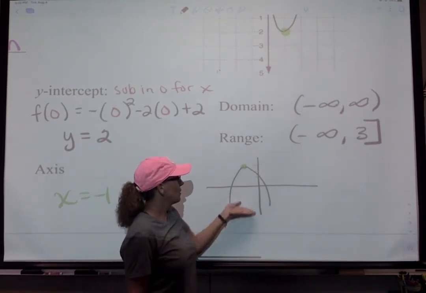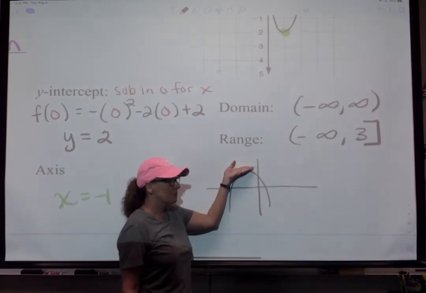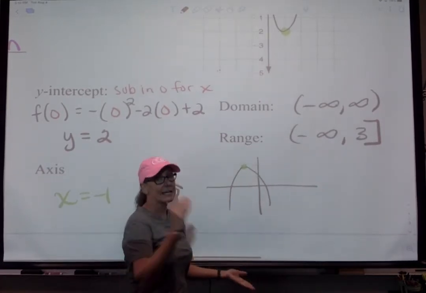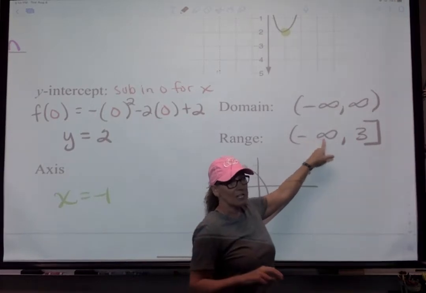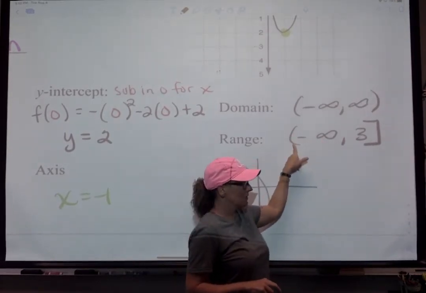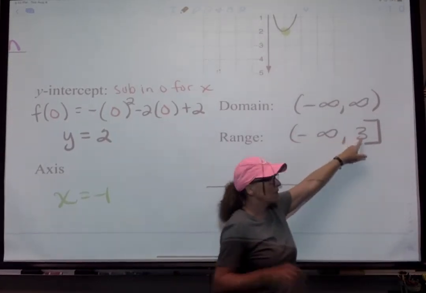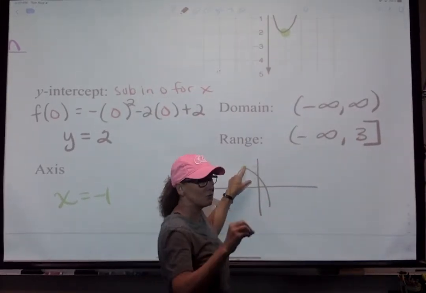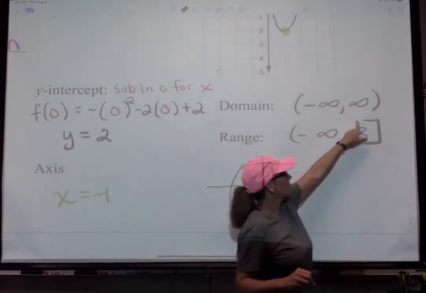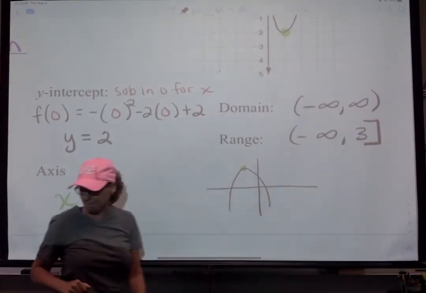So for range, how high does it go? 3. How low does it go? It keeps going. So I'm going to start my range at -infinity, parenthesis, stop it at 3, and since this green point is filled in, I'm going to bracket around the 3.